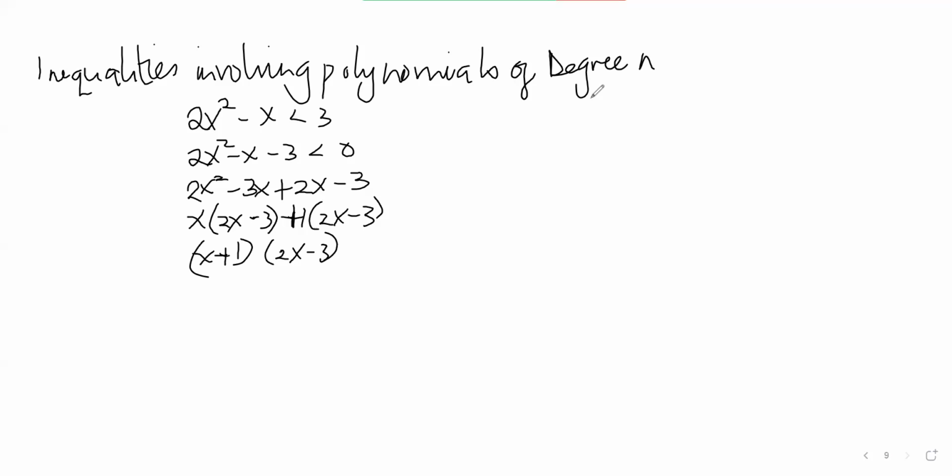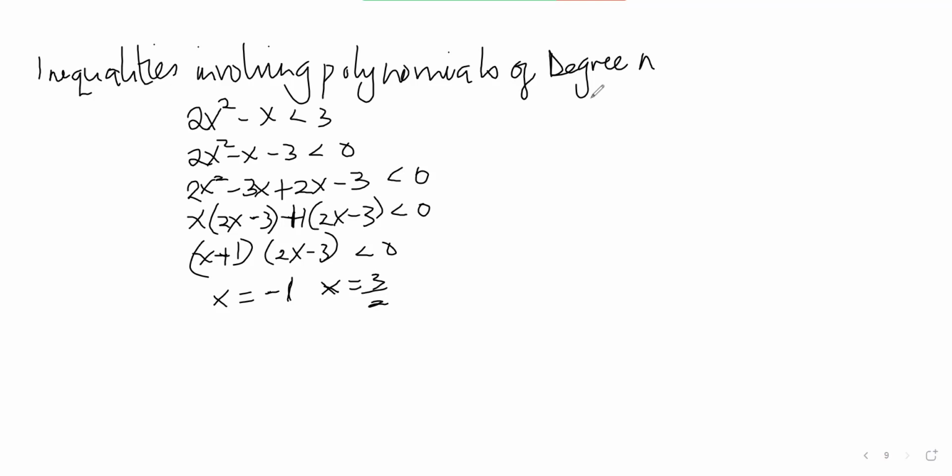So our x, remember we have an inequality, less than 0. So our x values, solution for this is x is equal to minus 1 and x is equal to 3 over 2. But because it is an inequality, we have to look for the range of values.